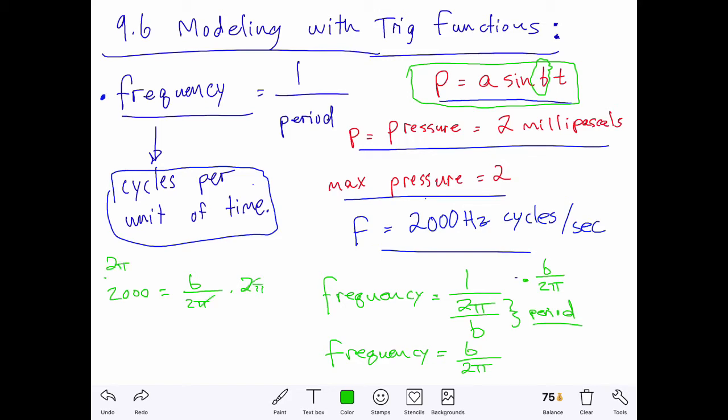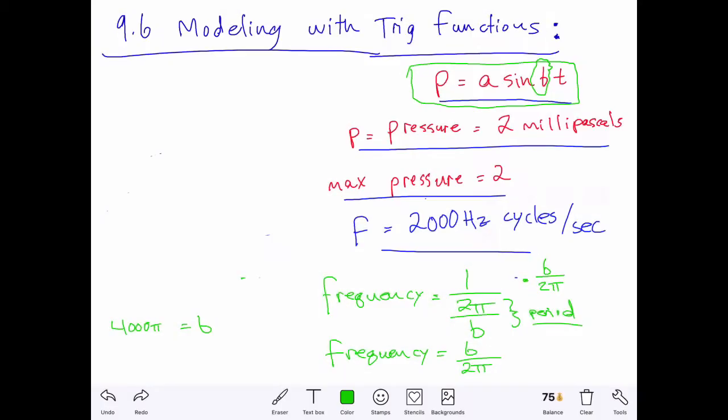And I will have then solved for what B represents, which is 4000 pi. Okay, so remember, frequency is 1 over the period, and then your period represents 2 pi over B, and then I flip and multiply, and I'm able to solve for B if, say, I'm given the frequency here in hertz, which are cycles per second, okay? 2000 cycles per second.